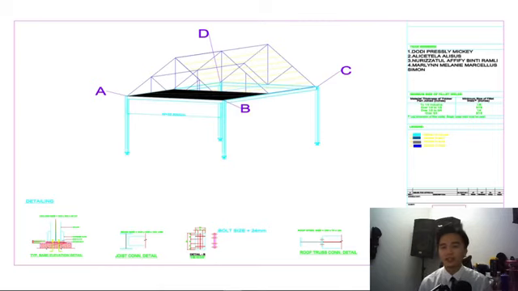And as you can see here, this is our AutoCAD design for the structural of steel structure and design. Okay, so this is our AutoCAD design that was made by us, according to the detailing that was given here. The first one is for the column, the second one is for the beam, the third one is for the bolt, and the last one is for the roof truss.